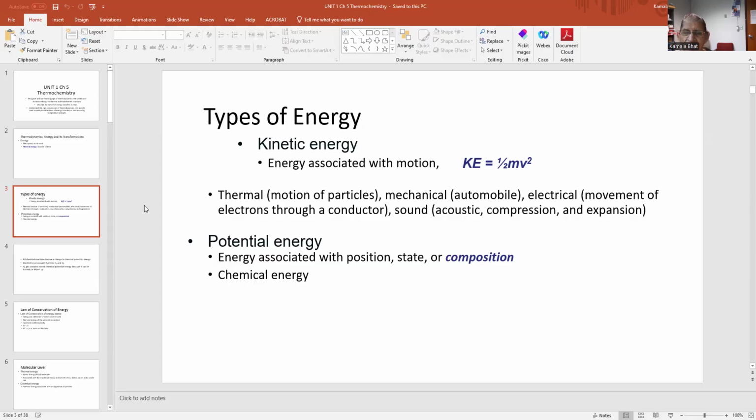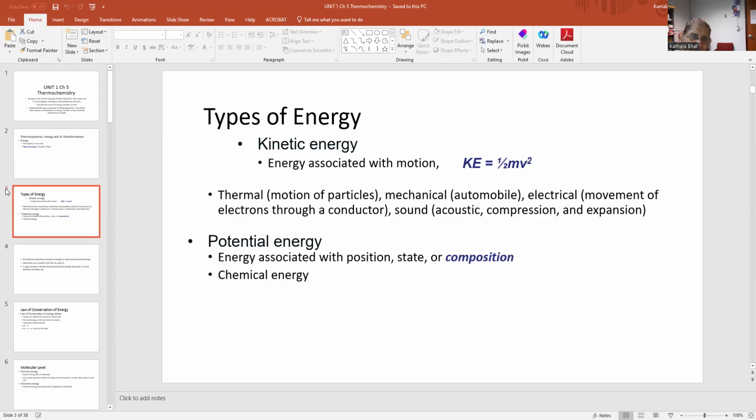And this is a transformation of energy from potential to kinetic energy. And during this process, we have to apply the law of conservation of energy, which says that energy can neither be created nor destroyed, but it can be transformed.